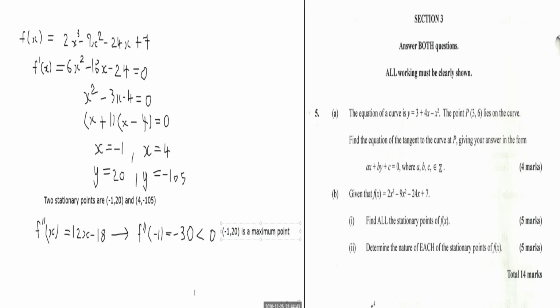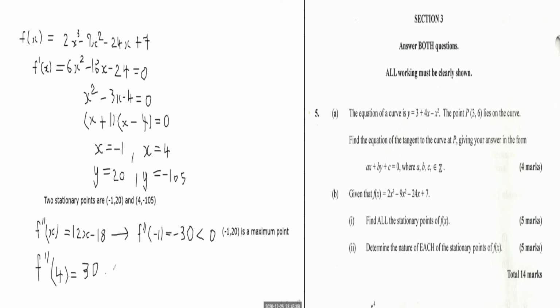Now, since that is a maximum point, we can go further to find f double prime of 4. F double prime of 4 is equal to 12 times 4, which is 48, 48 minus 18, which is 30.